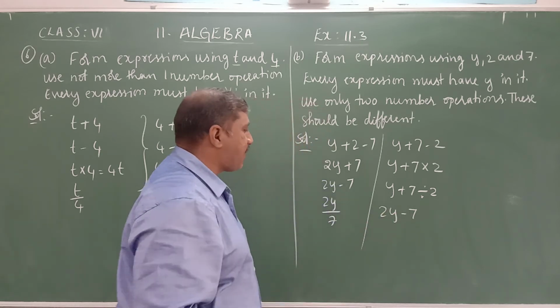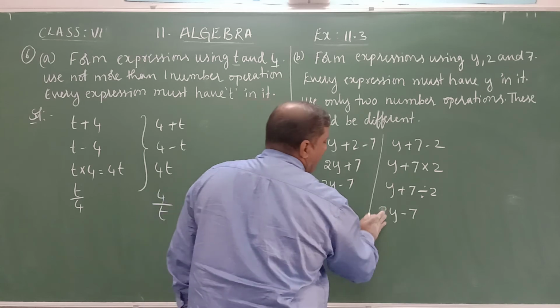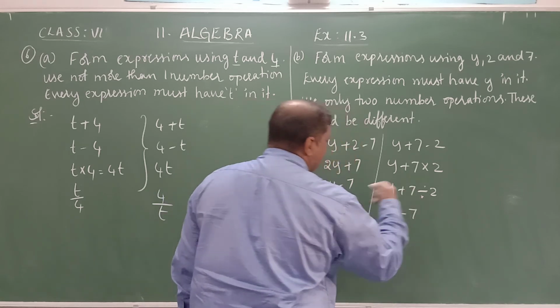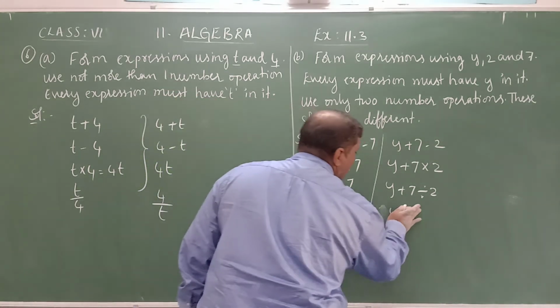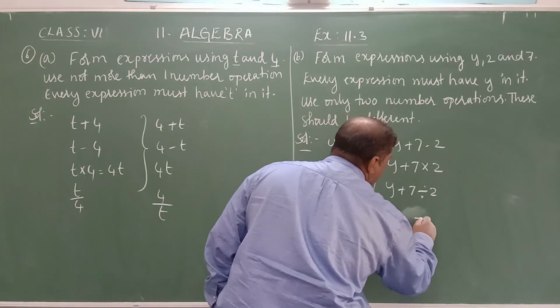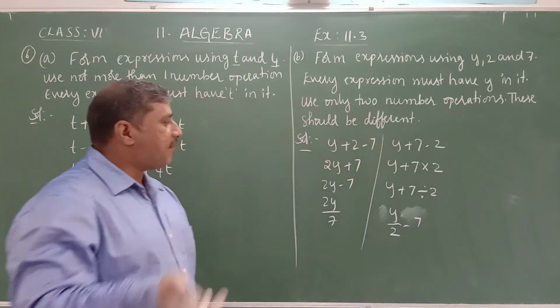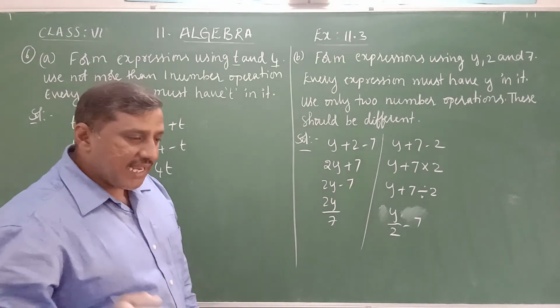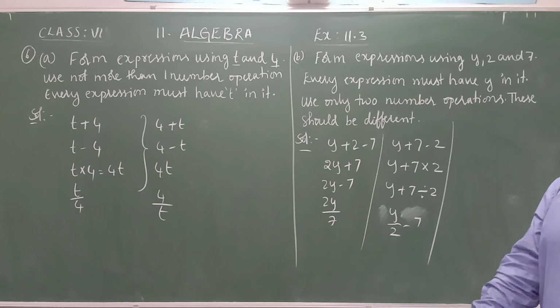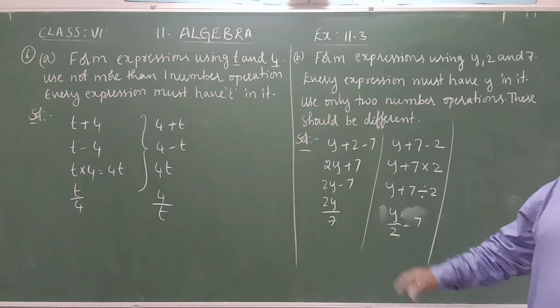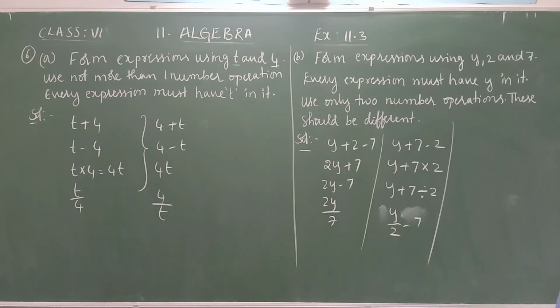Y divided by 2 minus 7. Like this we can write n number of expressions, not only this, many. I think you understand how to write expressions using any two arithmetic operations.